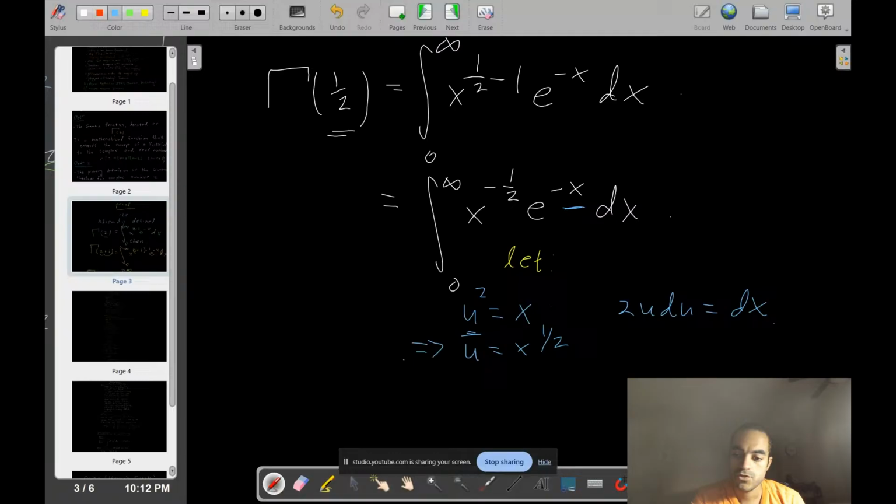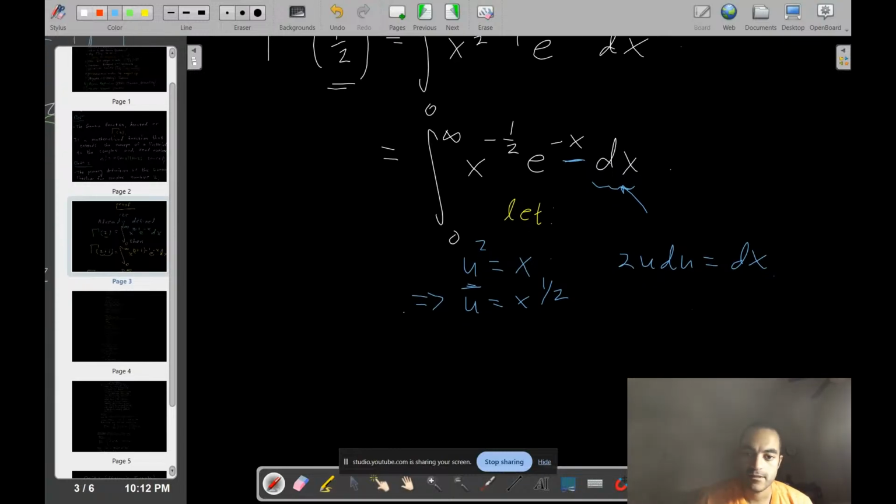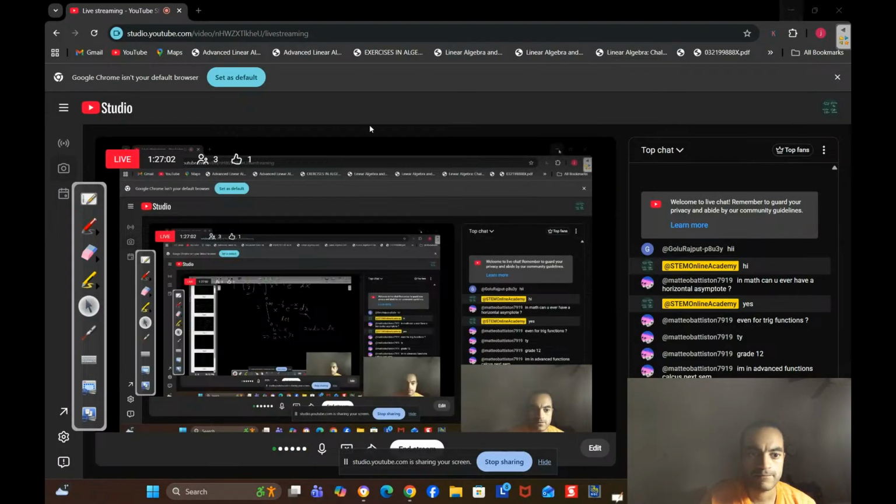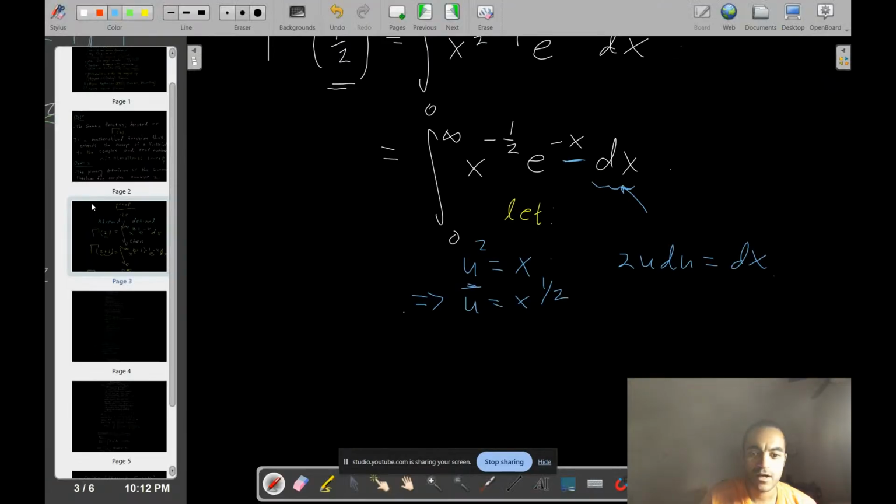This becomes 2u du by the power rule, and the right-hand side is dx. By having it like this, I take care of replacing my dx. In other words, I have the correct function u such that when I differentiate u and get my differential in terms of u, I replace my dx and all of my x's without any problems, if that makes sense. So that's the reason why I chose this.